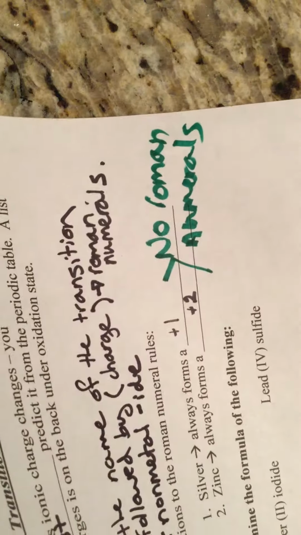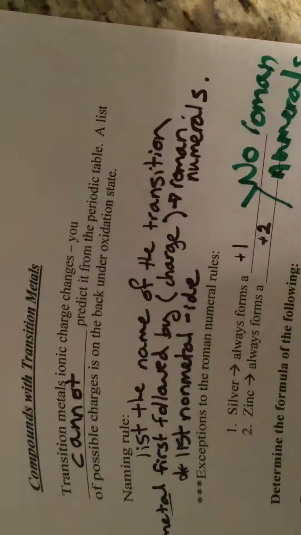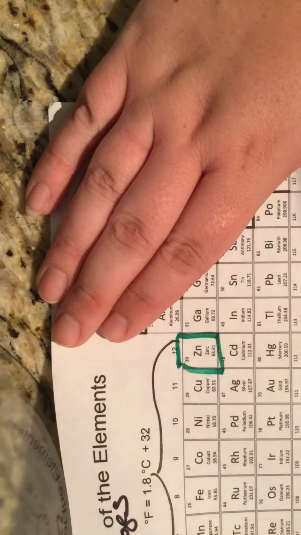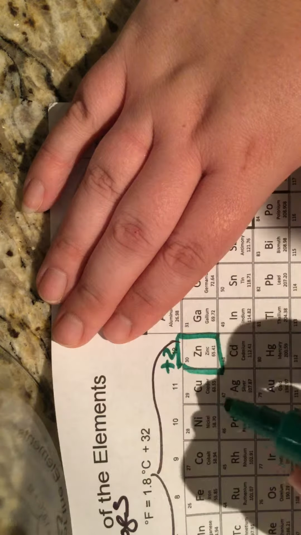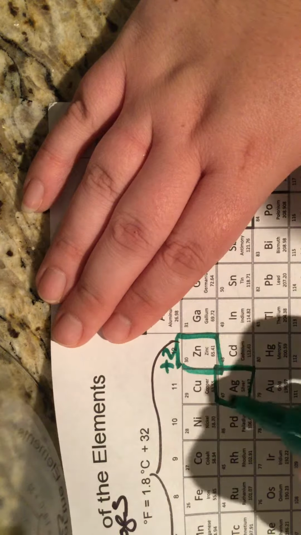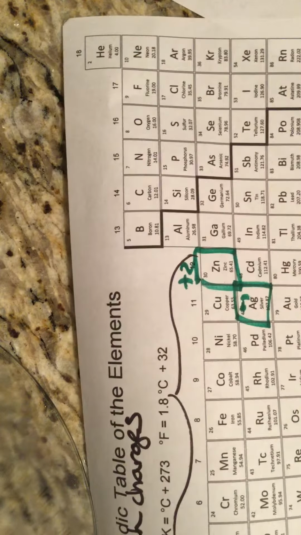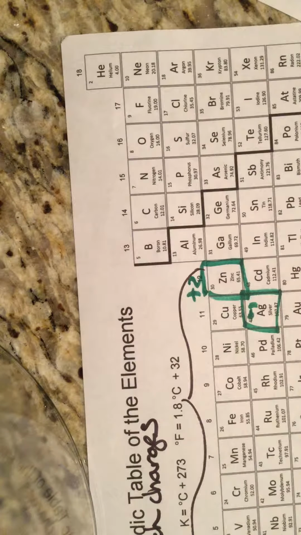Go to your periodic table and make a note to yourself: zinc is always a +2, and silver is always a +1. Make sure you have those because that'll help you remember exactly what you have to do.